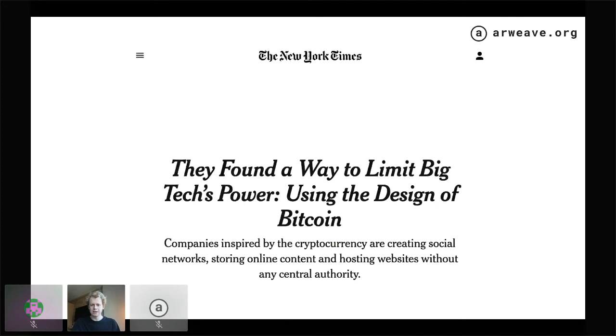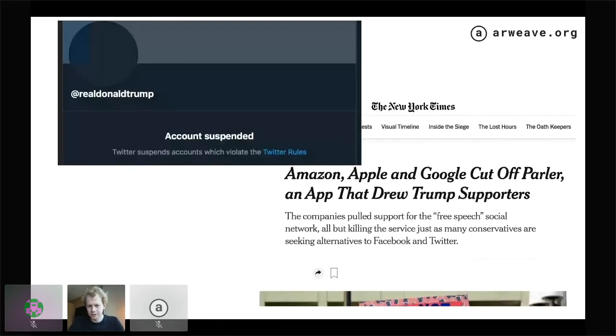And I think part of that is because, our personal opinions on Donald Trump and Parler aside, it's very clear that the issue of web application trust is coming to the fore again.